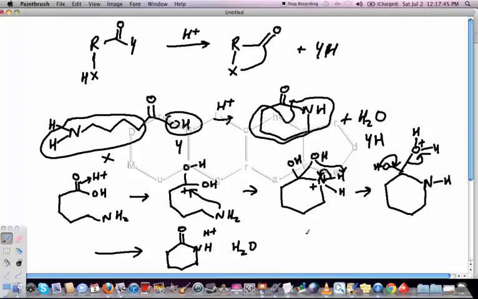And I'll just make that bond a little bit more clear so you can see where the arrow is coming from. The arrow is coming from the bond and not the hydrogen there. There we go, that looks better. And there's our lactam.